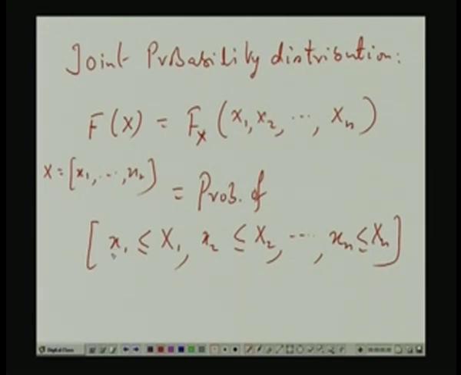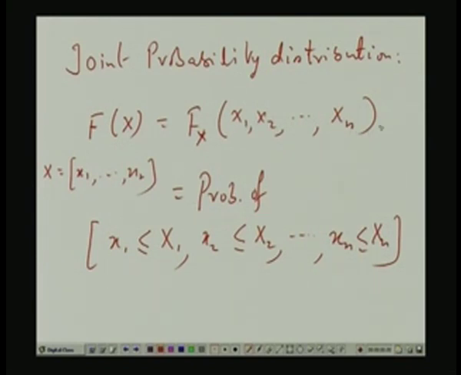This should occur jointly. There are n joint events: one is small x1 less than or equal to capital X1, and there is small x2 less than or equal to capital X2, and so on. They should occur simultaneously. That is why it is called a joint distribution. This is denoted by F_X(x1, up to xn).